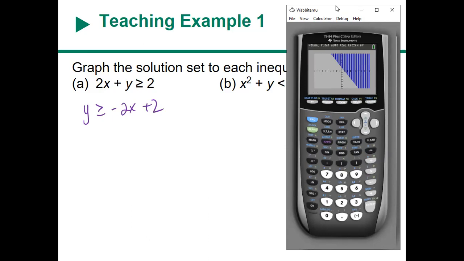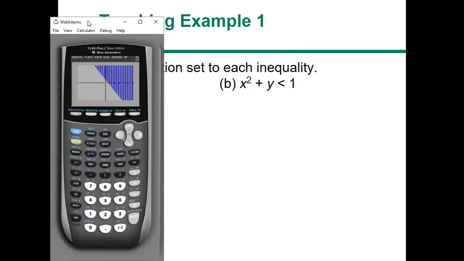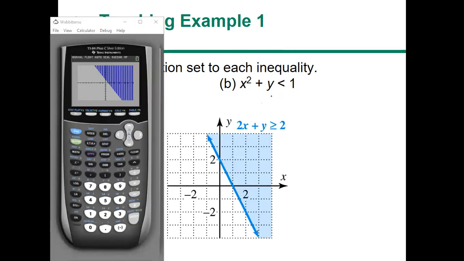Okay, now I'm going to do this one. So we're going to mosey on over here. This time I'm going to get y by itself. So we have y is less than negative x squared plus 1, right? So we're going to go over here. I'm going to clear it, just double clear to reset everything.